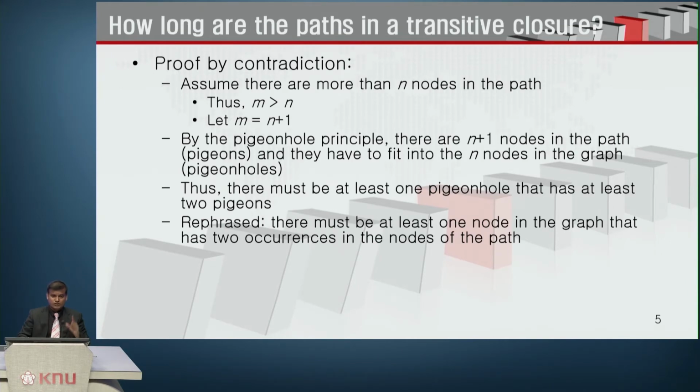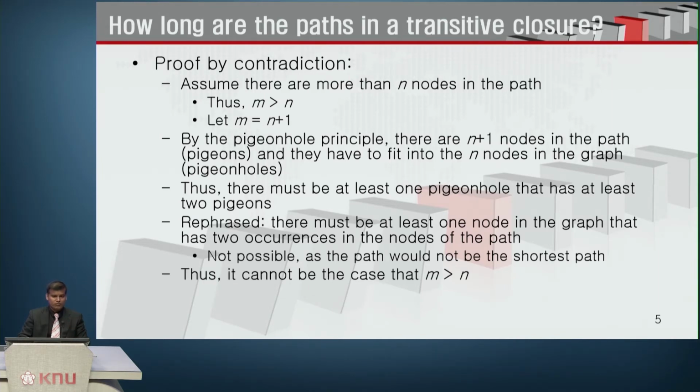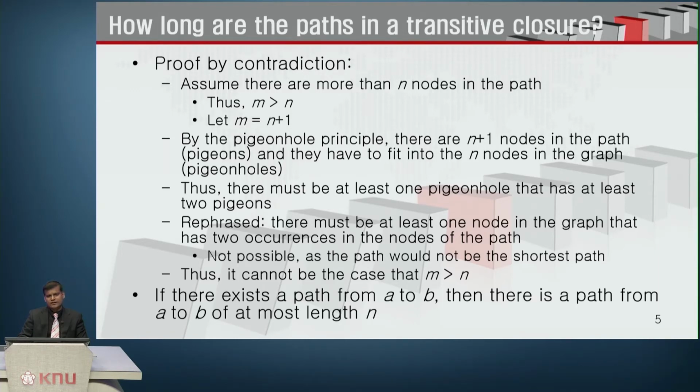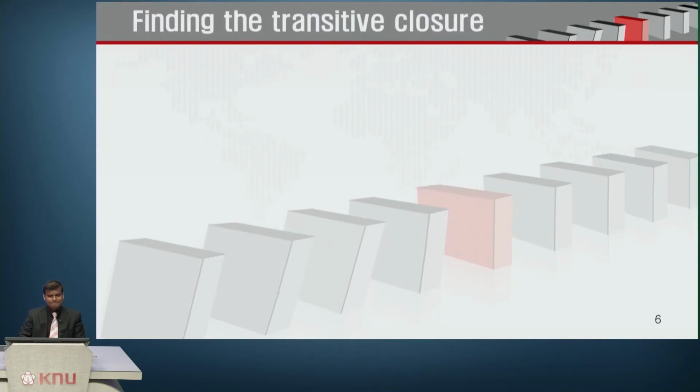So there must be at least one node in the graph that has 2 occurrences in the path. That is not possible, as the path would not be the shortest. So it cannot be the case of m greater than n. So if there exists a path from A to B, then there is a path from A to B of at most length n.